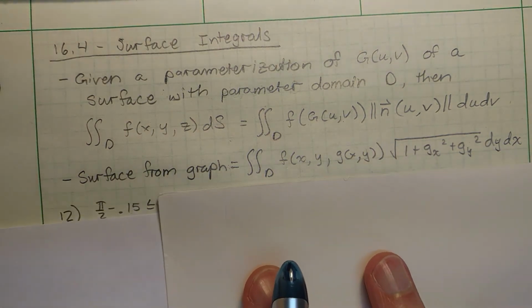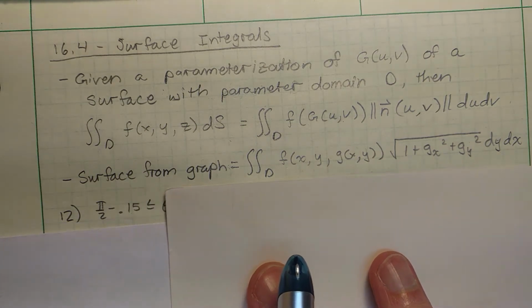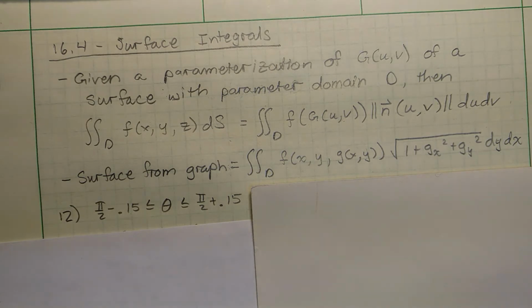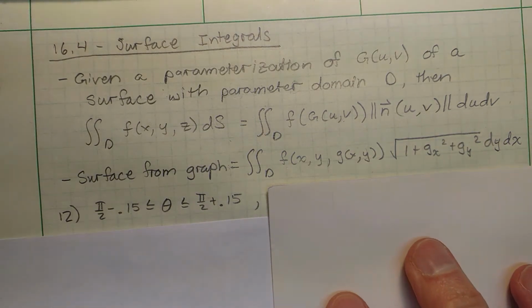All right, let's look at some examples. So for 12, it gives us a theta interval going from pi over 2 minus 0.15 to pi over 2 plus 0.15. Essentially we're going 0.15 above and below pi over 2. So that's our theta region.